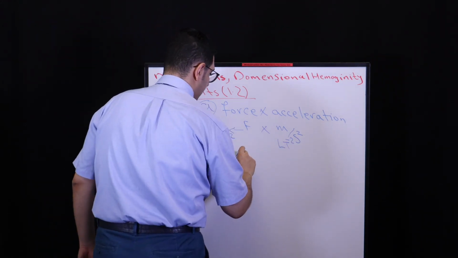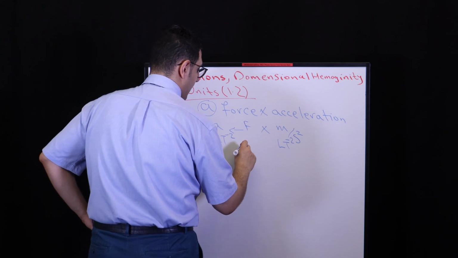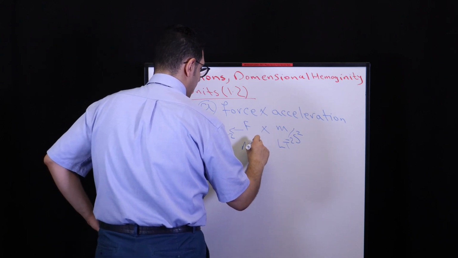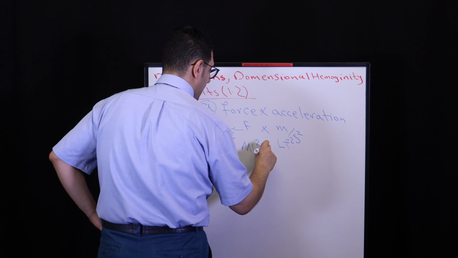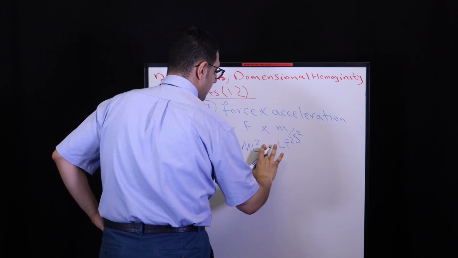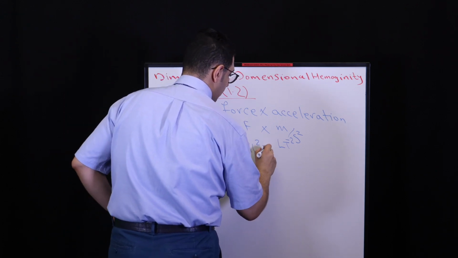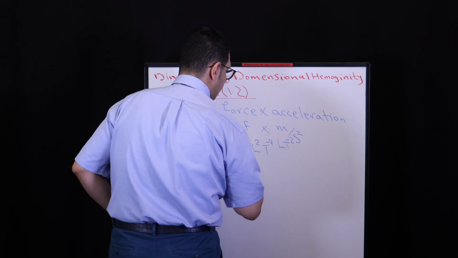So, multiplying these, we're going to have ML to the power 2, T to the power minus 4.